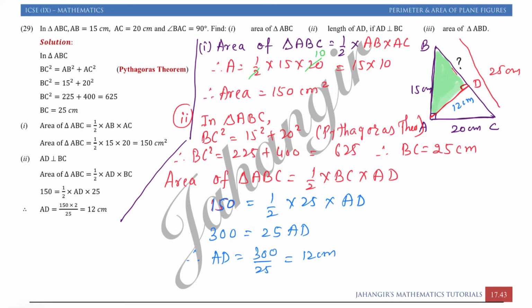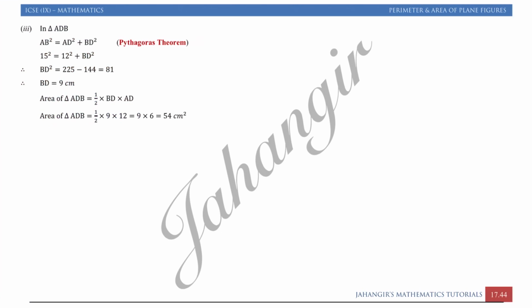So in triangle ADB, we can say AB square is equal to AD square plus BD square. So AB square is 15 square.